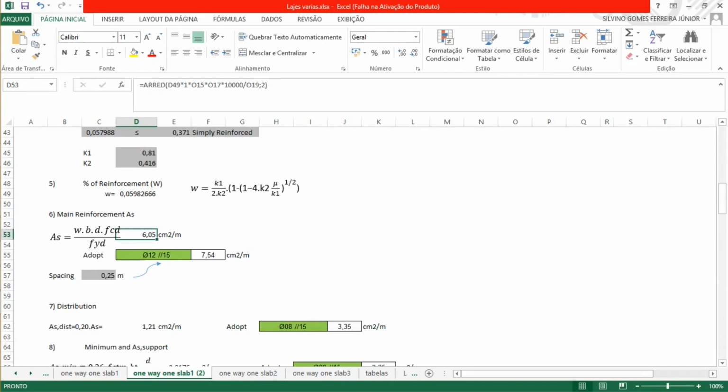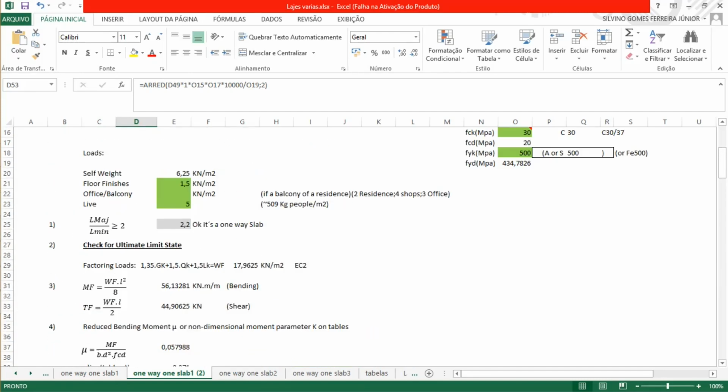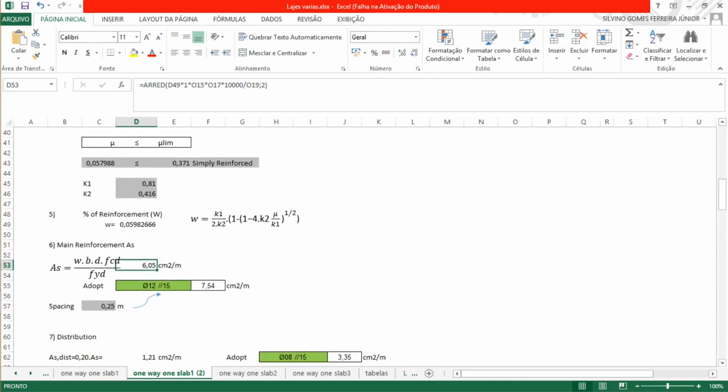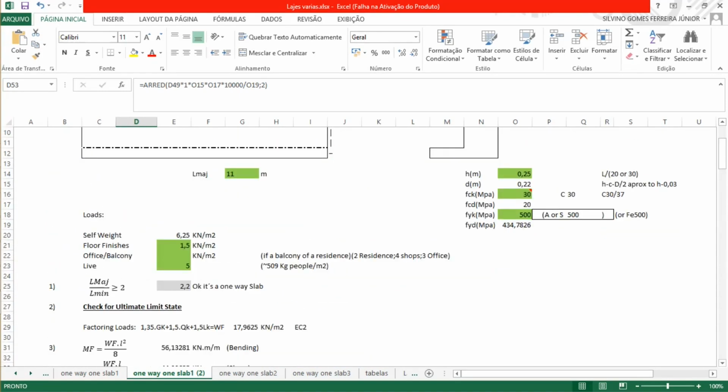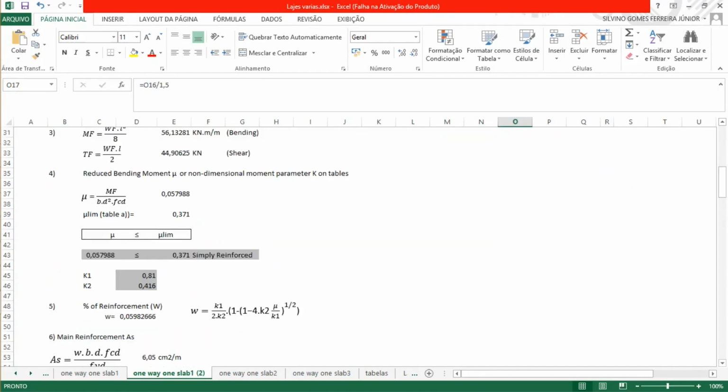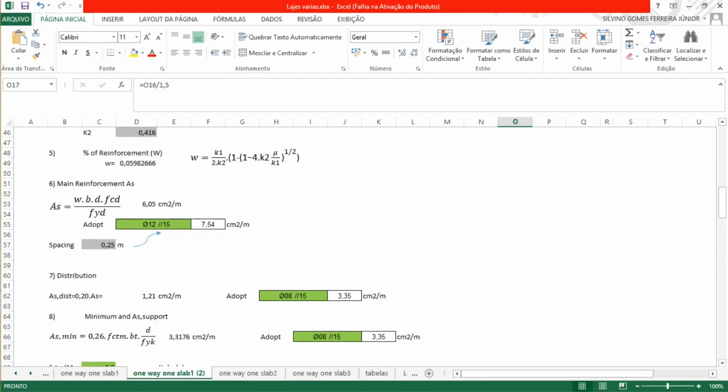for the main reinforcement. We go to the equation of the main reinforcement, where we have the percentage of main reinforcement multiplied by B, that is 1 meter, multiplied by the effective depth, that is D, that is 22, multiplied by FCD, that is 20, divided by FYD, that is the 500 divided by the safety factor 1.15.